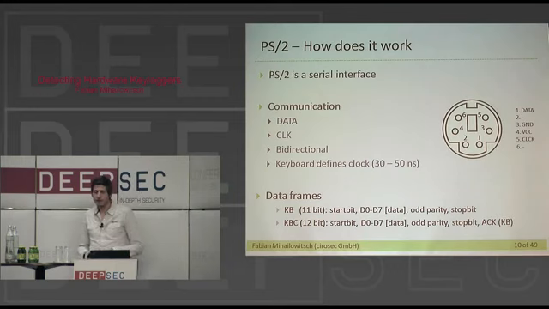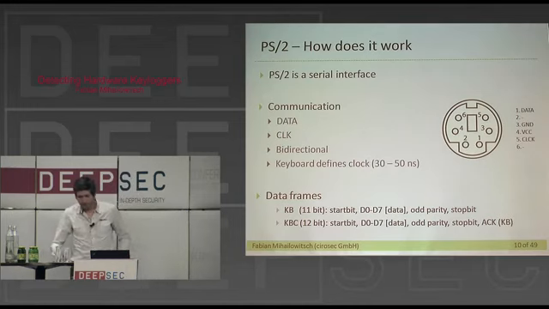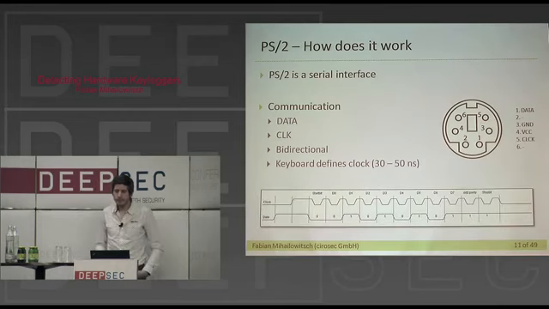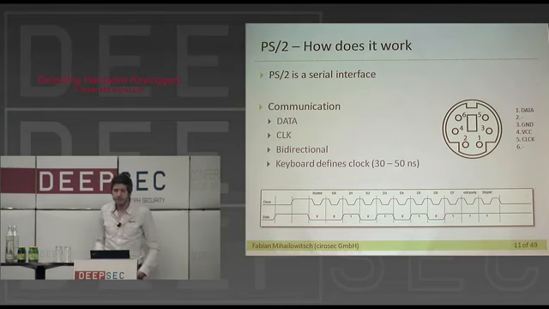You have a start bit followed by 8 bits of data, which are the transferred byte, then a parity bit and a stop bit. For the KBC side, you have basically the same, but with an additional acknowledge bit sent by the keyboard. Here you can see how it looks on the wire. Basically, you have the clock, and you have the data which are transferred right here. So it's quite simple for PS2.